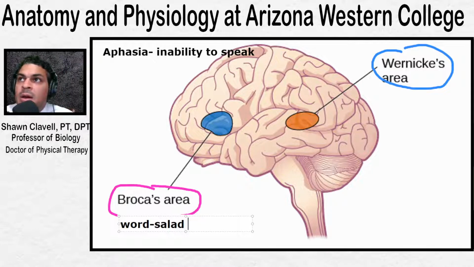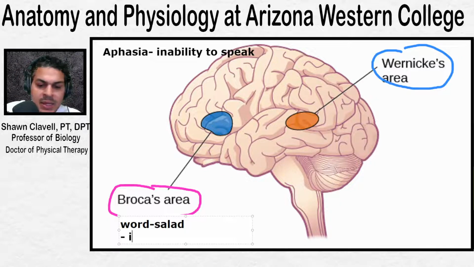Individuals have inability to create a coherent phrase or sentence, right? The words that they speak don't relate to the question that was asked, perhaps. So you get like a word salad, an inability to form coherent speech.